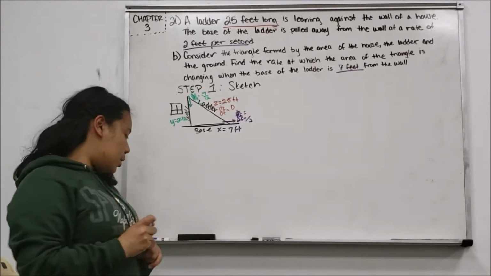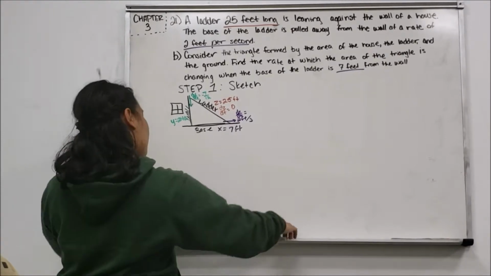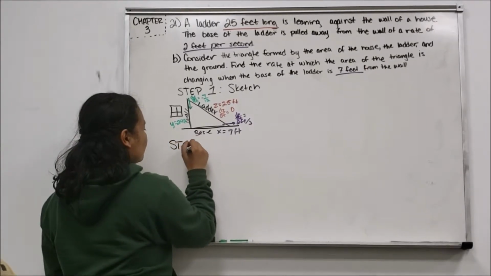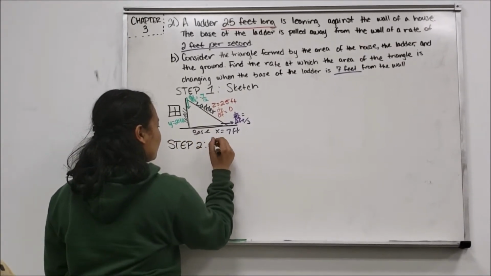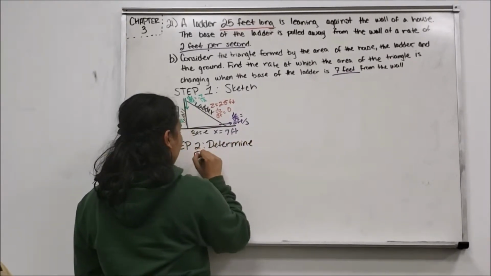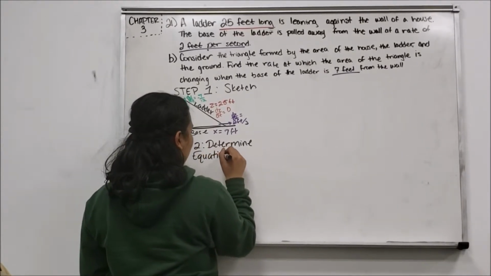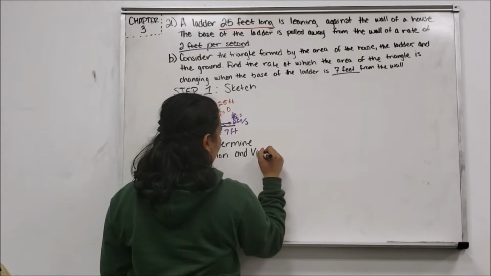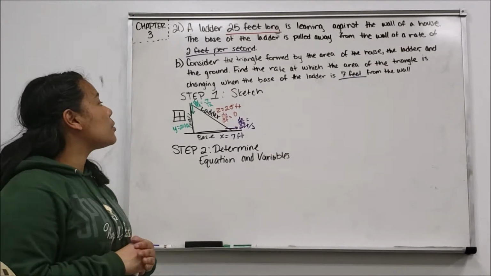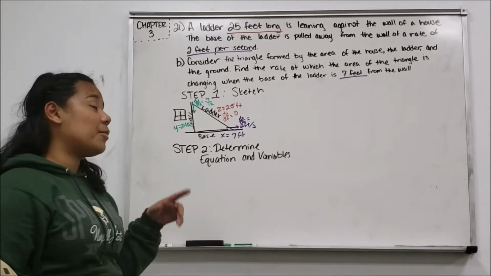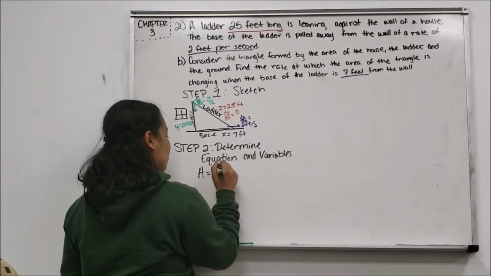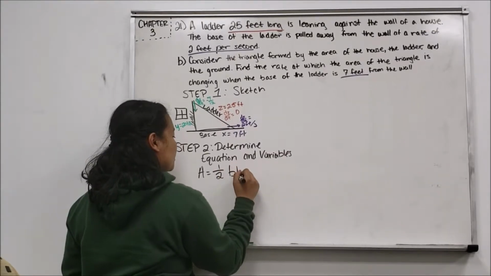Okay. So this is basically part of step 2. So step 2 is going to be a lot easier than what it was last time. So we have step 2, our equation. Since we are finding the area, and we have a triangle, the area of our triangle is A equals 1/2 base times height.